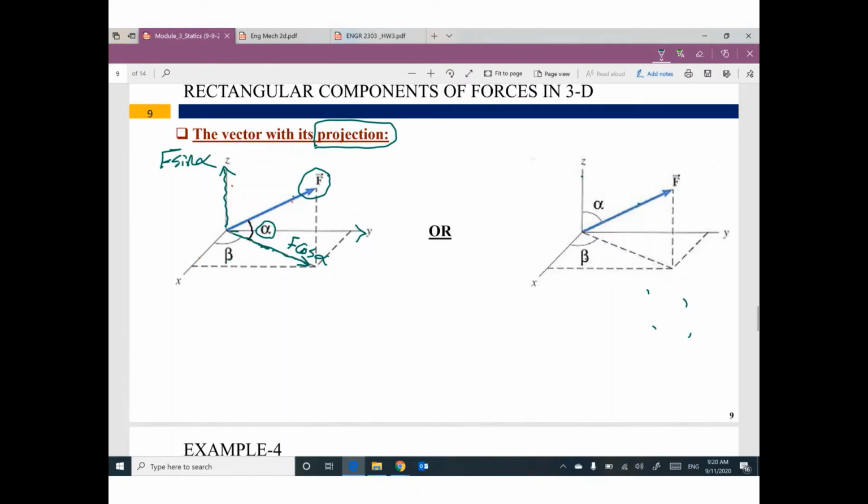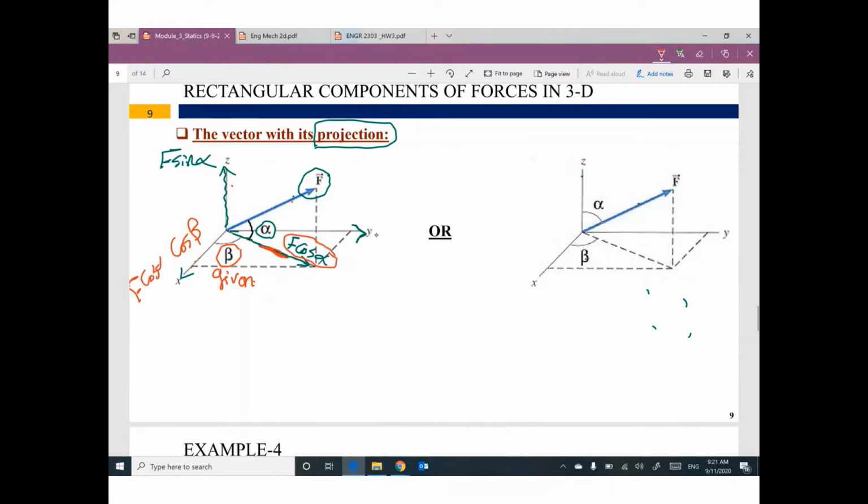Second step, we need to break the projection line between X and Y. We have another angle given, which is beta, between the projection and the x-axis. So the component adjacent to this angle will be cosine beta. Which will be multiplied by cosine? The value here. What is the value here? It is F cosine alpha.